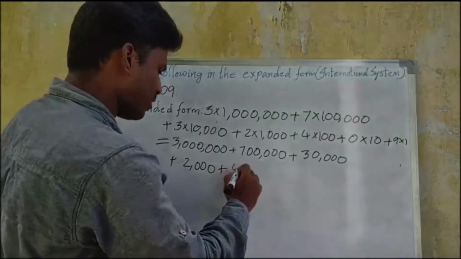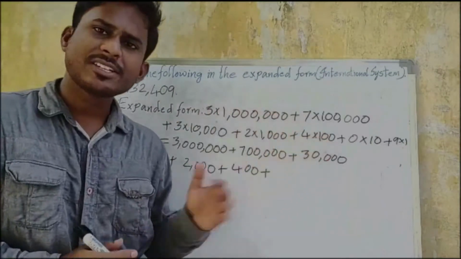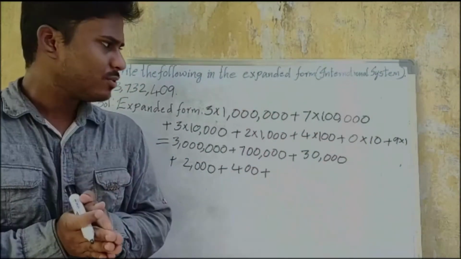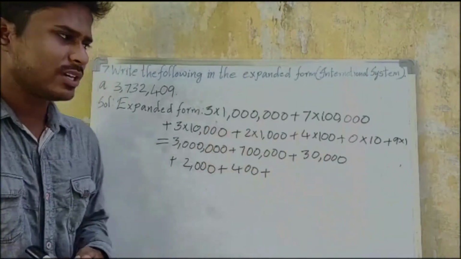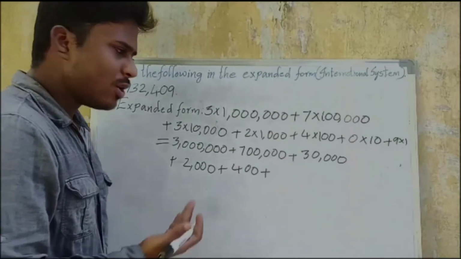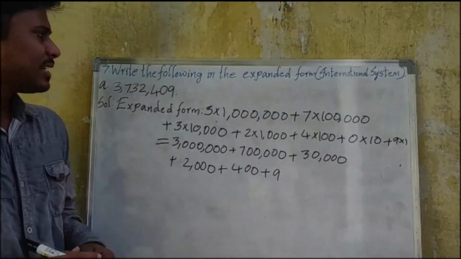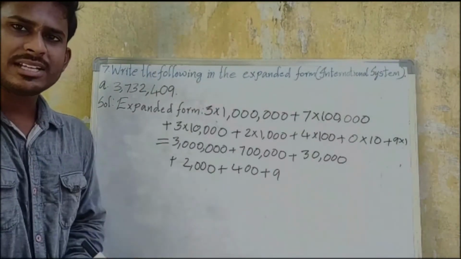Okay, 400 plus. As I said, we can skip this because in the tens place we have 0 value, so place value will be 0. So we can directly skip for the next place. What is the next place? Ones place. In the ones place we have 9. So 9 into 1 is 9. So this is the expanded form for the given question in the international system.